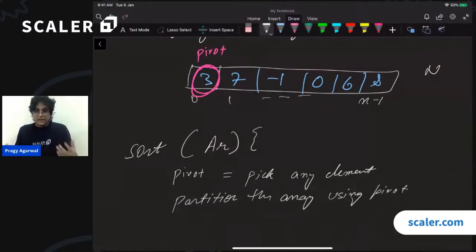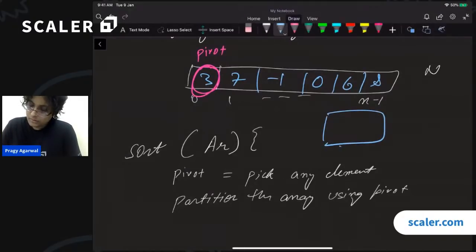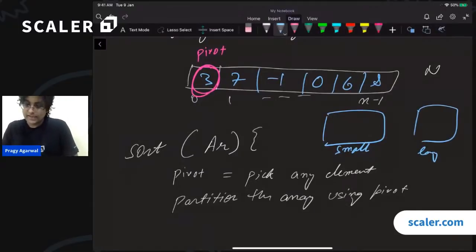What does partition mean? Partition means to split it into a smaller and a larger group. So we will take this particular 3 element and compare it with all the other elements. We have a smaller group and a larger group. Where should 7 go? Is 7 smaller than 3 or larger than 3? It is larger than 3, so 7 will go into this group.